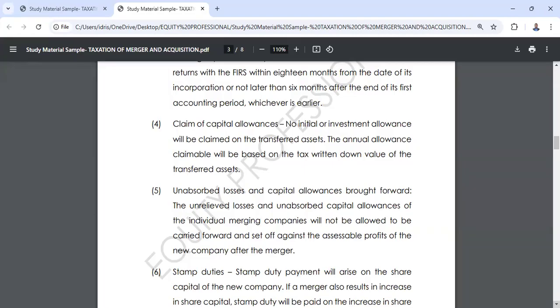You cannot claim the unrelieved loss or unabsorbed capital allowance. So we cannot set the unrelieved loss or unabsorbed capital allowance against the profit of the new company after the merger.